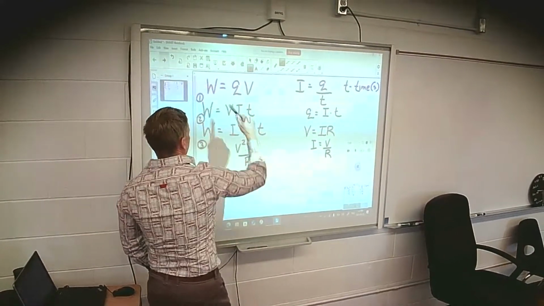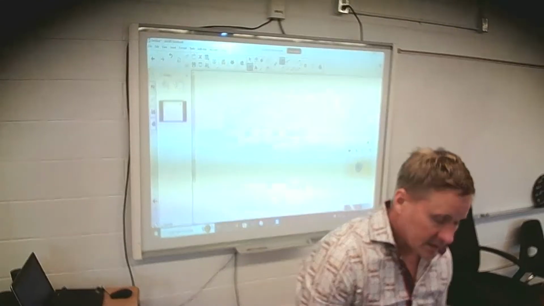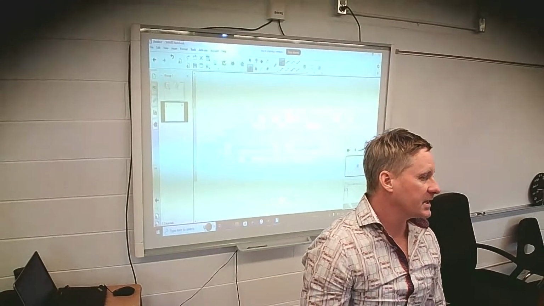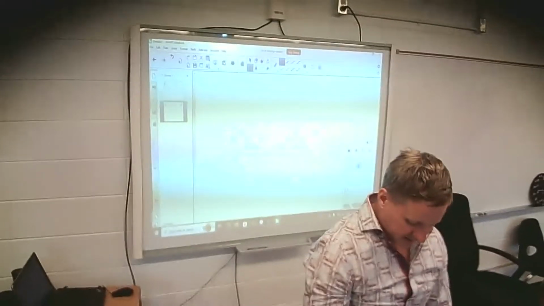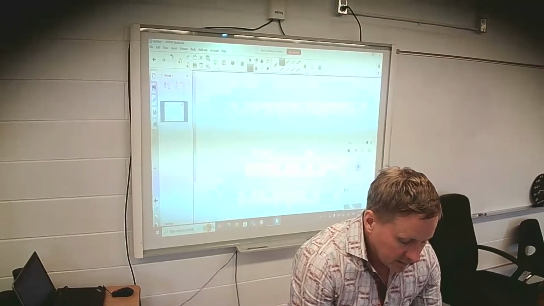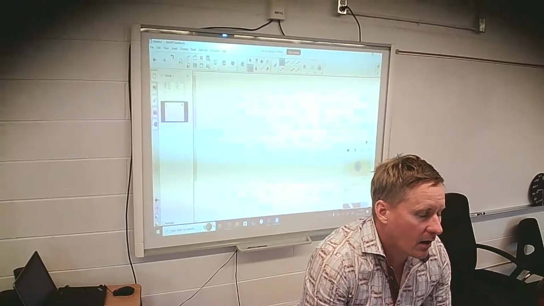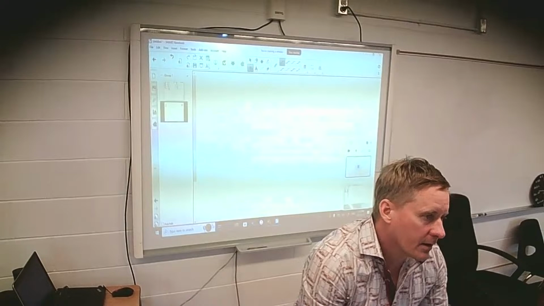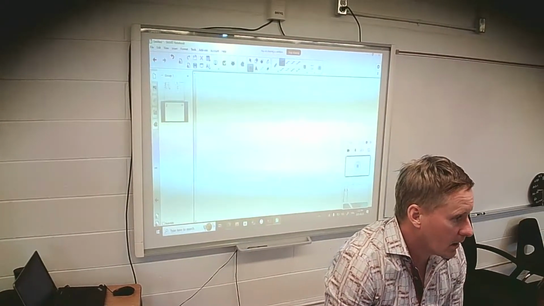We talked about Ohm's law being V equals IR. Today we're going to look at the second page, which has Joule's law. We are going to take work now and find out how it relates to heat, and then how it relates to power.